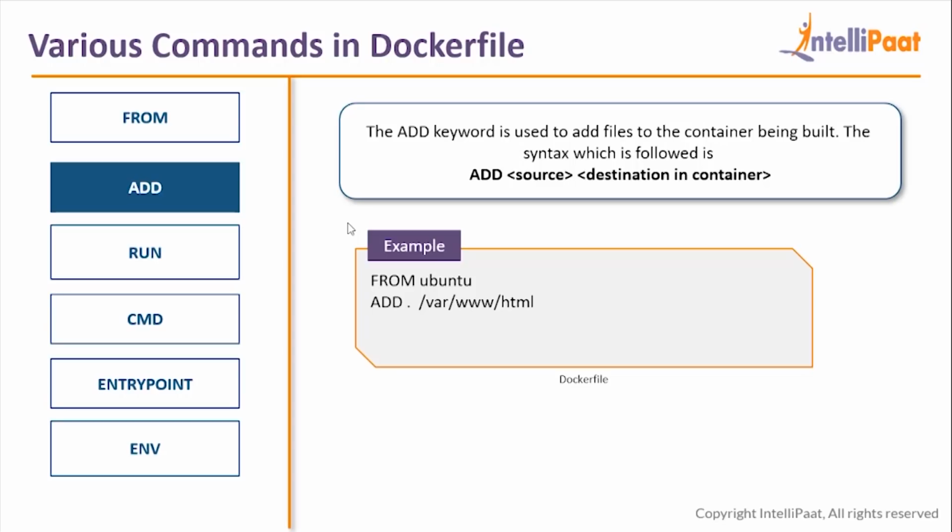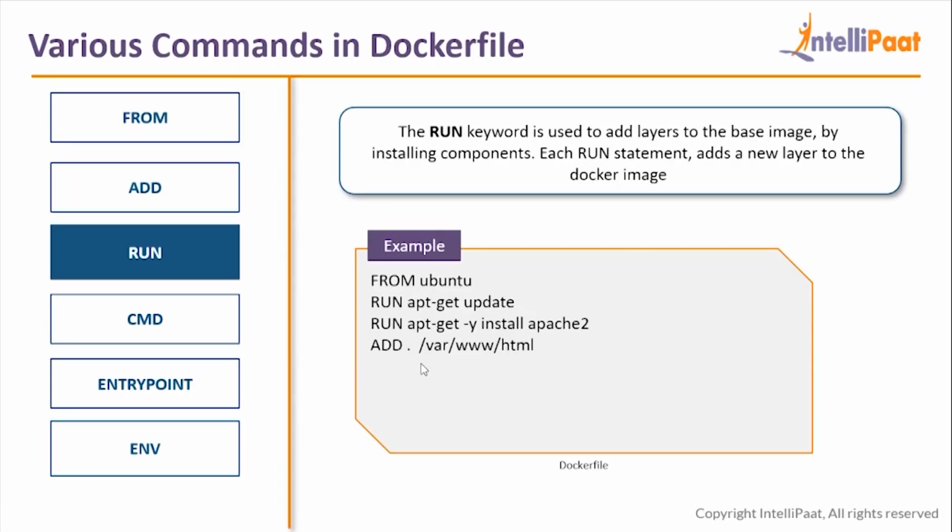For doing that, with the command ADD, the first argument would be the place where the files are present, and the second argument would be the location inside the container where you want all those files to be copied. So ADD space dot means take all the files from the current directory and put them inside /var/www/html. This is what the ADD command does.